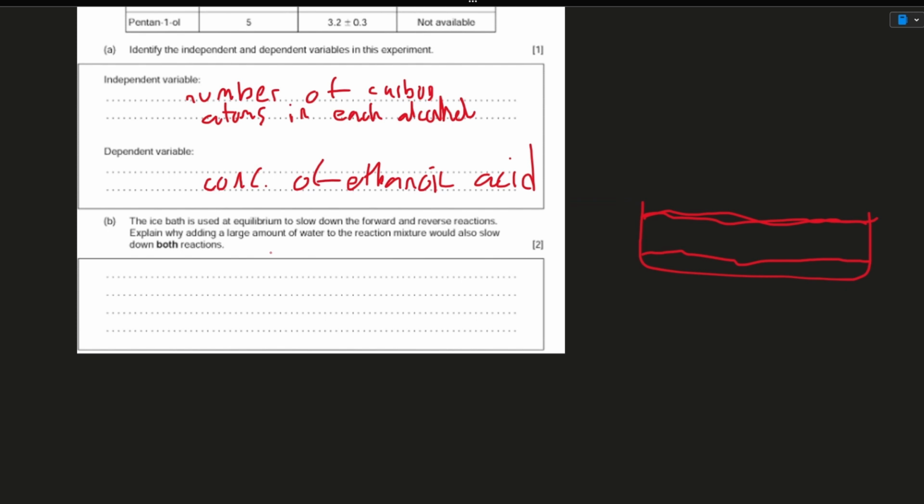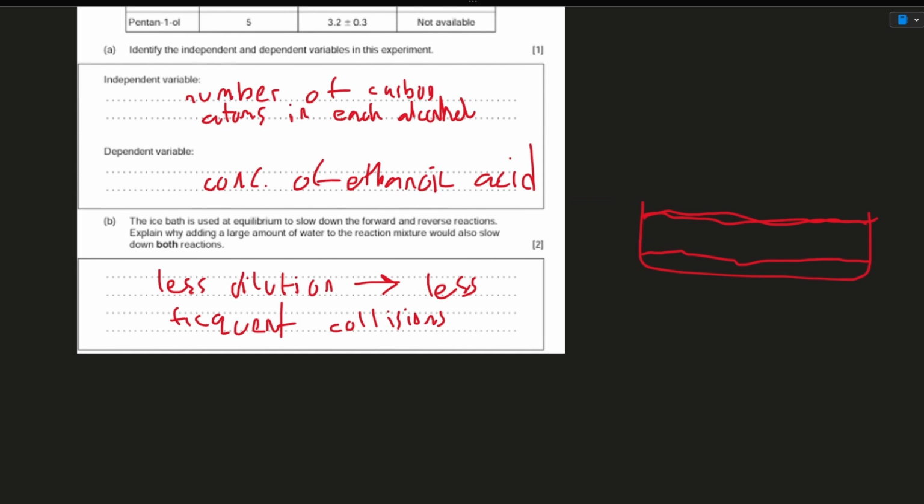So you can say, since it's 2 marks, you can say less dilution because there's less frequent collisions in the ice bath. But we don't need to say that.